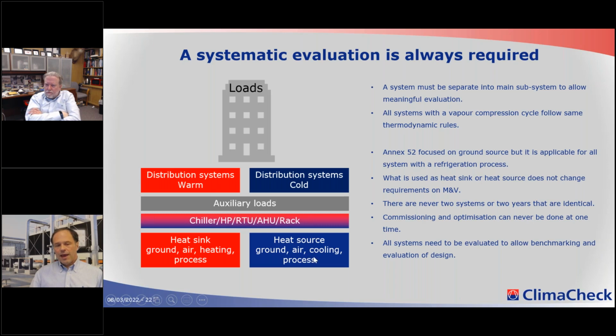So I think you need to break up your system, understand it, and then be able to detect what part is deviating. That is the basics to later be able to benchmark the different components. So if one system would have much higher auxiliary loads, then we need to know that it's not just a lower performance in total, but it's because the auxiliary loads are disproportional in the system.